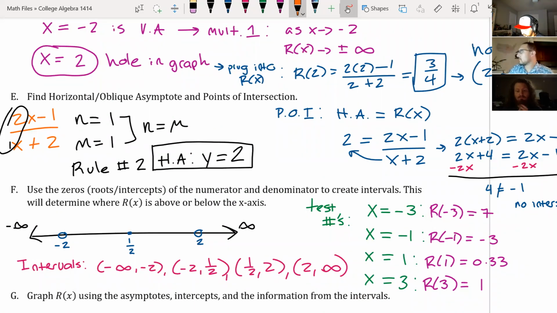The -3 is positive? Good. So when I say output, just look at the y value. Yes. So our first output is positive, which means we are above. What's the next output? Negative. So we're below. And what are the next two outputs? Both positive. So we're both above.